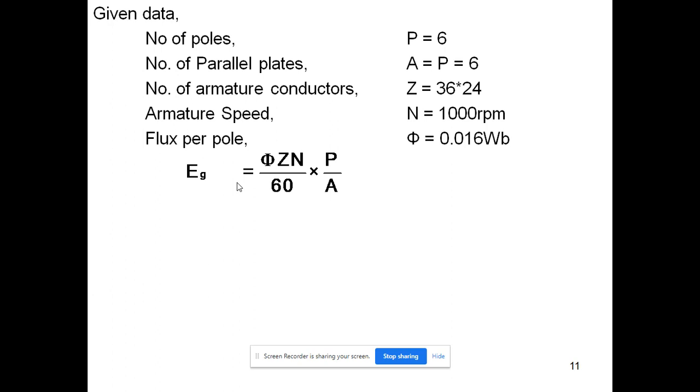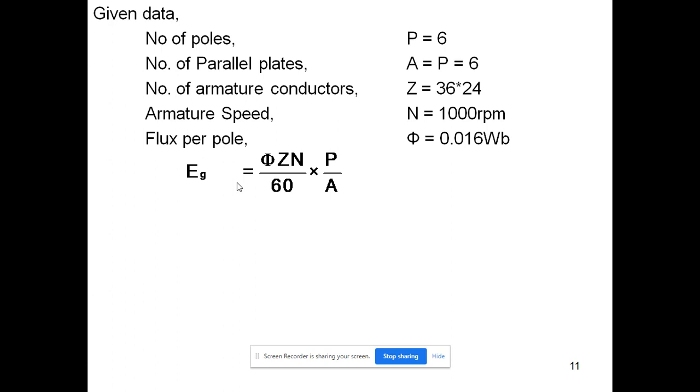We already know the EMF equation of a DC generator, that is Eg is equal to phi Z N into P by 60 into A, where phi is the flux, Z is the total number of conductors, N is the speed of the armature, P is the number of poles, and A is the number of parallel paths.